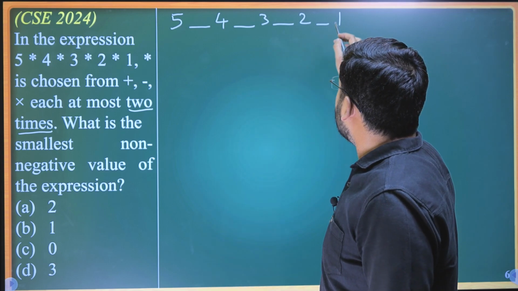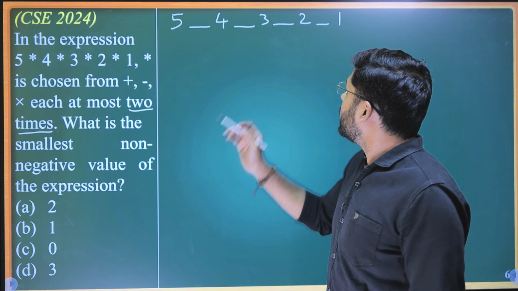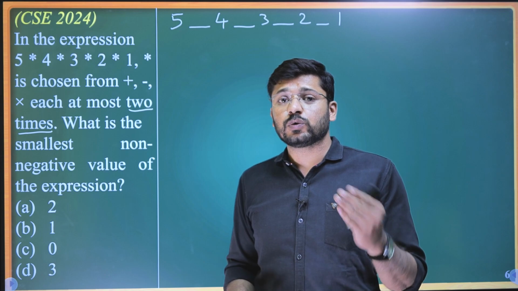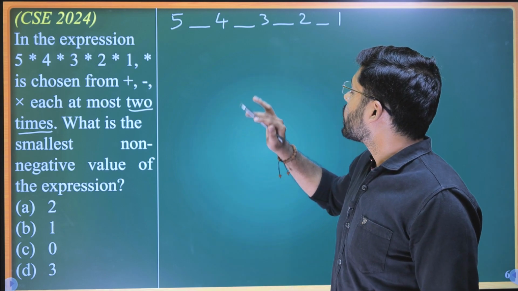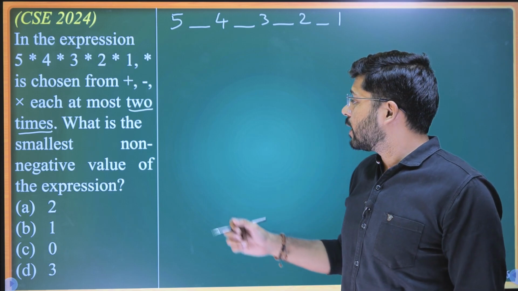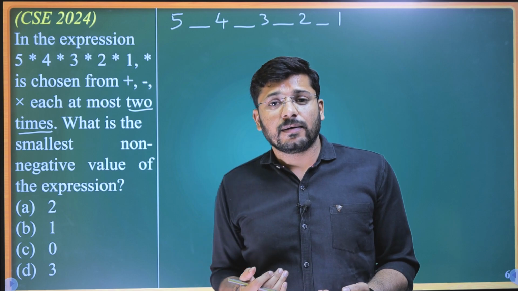Now, where will we put plus and minus? We can use 2 pluses or 2 intos or 2 minuses. So what we shall do is, we shall use 2 minuses because we want a small value, right? So minus will give us less value.